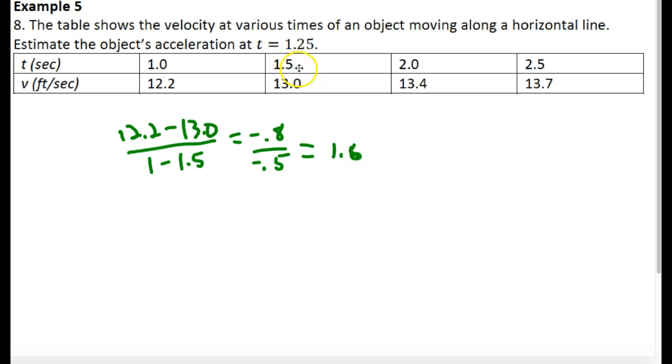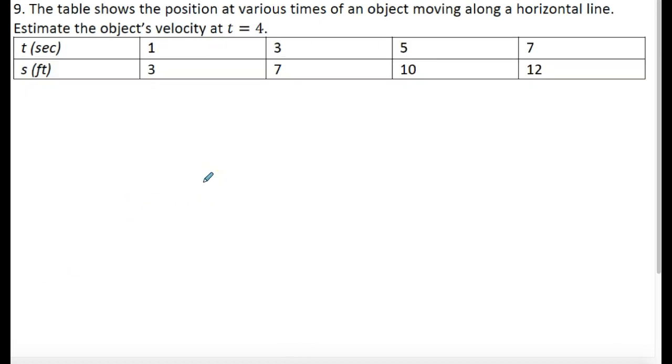So we would estimate that the acceleration at t equals 1.25 is 1.6 feet per second squared. Okay, and we did that by finding the slope between these 2 values here. All right, we're estimating the slope of the value right in between. So finally, you guys try number 9 here.